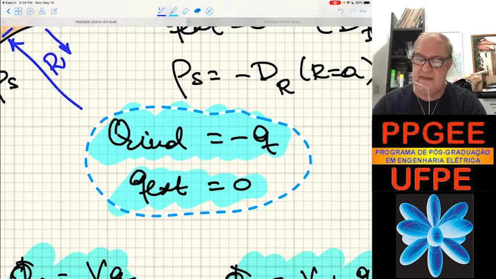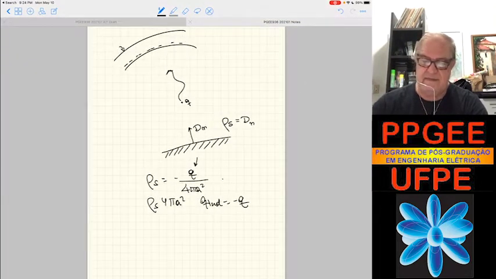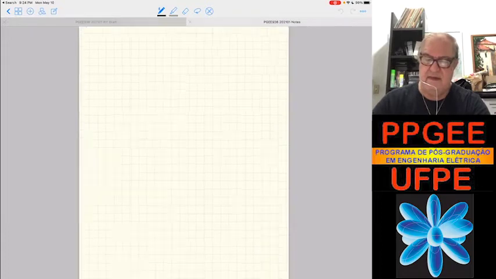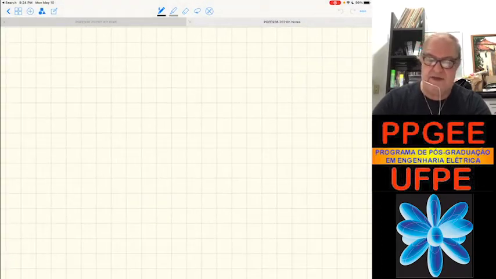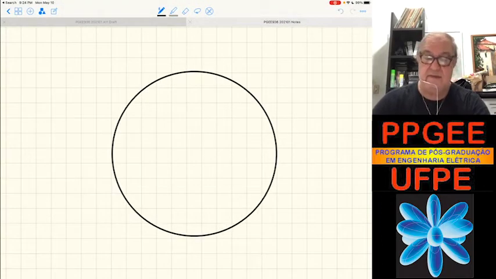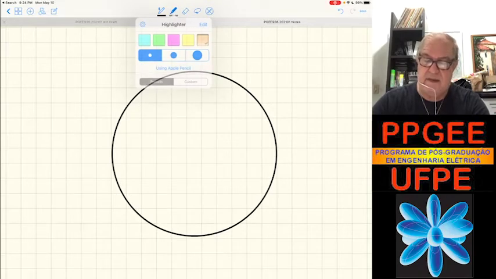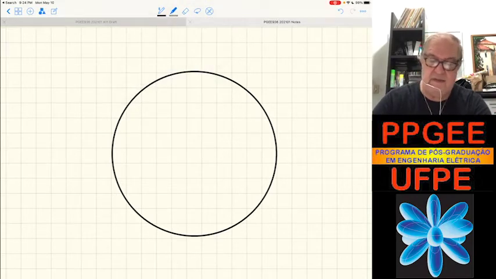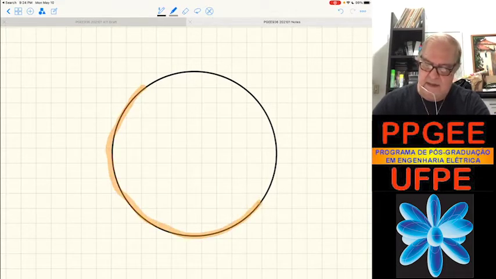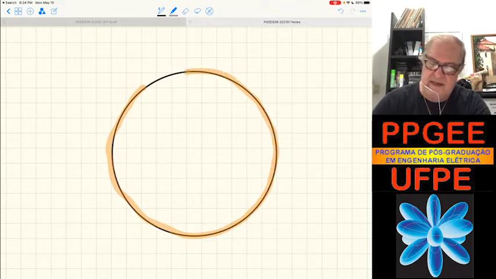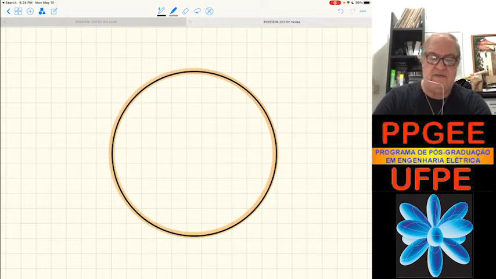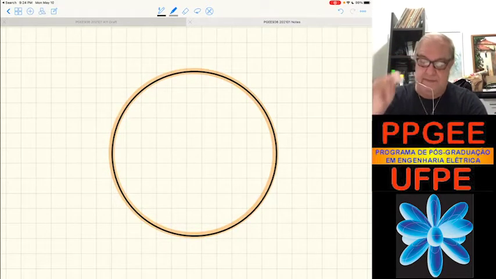So it means this: if I have a shell, and the shell has some thickness, I'm going to put here some thickness. Maybe I can do that like this. Hopefully it's going to make a nice round. Yeah. So if I have some thickness there, right?